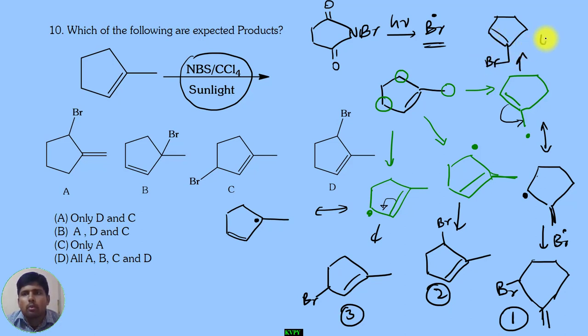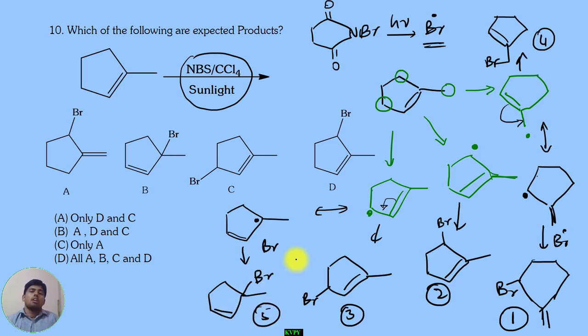This is the fourth product we have, and this one again Br can react and form a double bond here and Br here. This is the fifth product. So these are the possible products which we can expect.